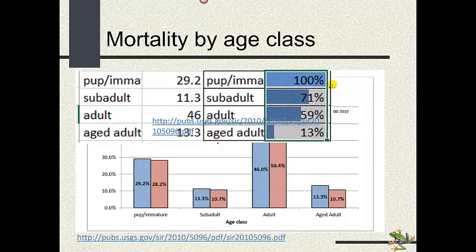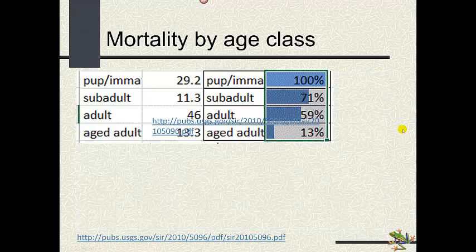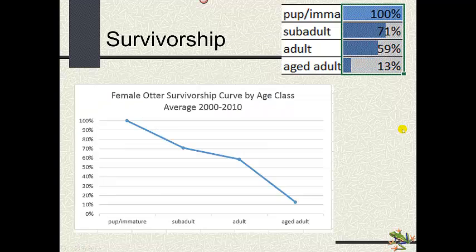I can graph this in a bar graph like the one below, or I can graph it as a survivorship curve. I start with my 100% that are born and 71 make it to sub-adult, 59 to adult, and then you see how steep that curve goes down.